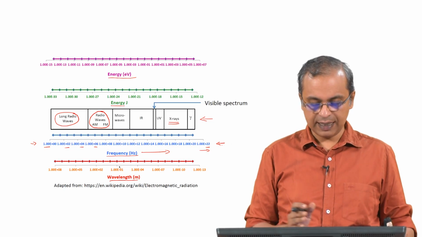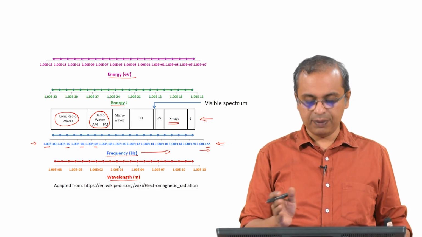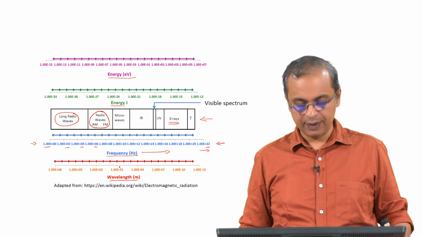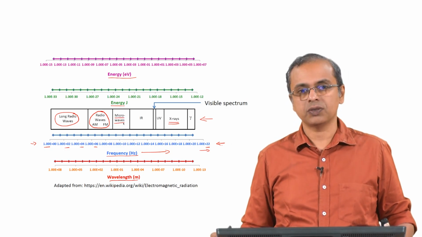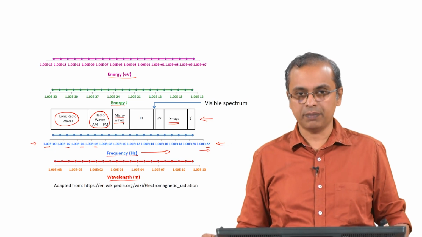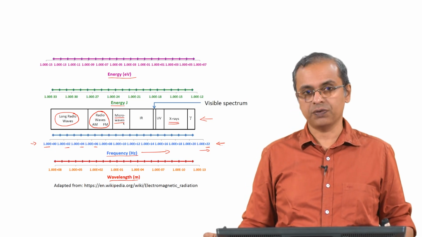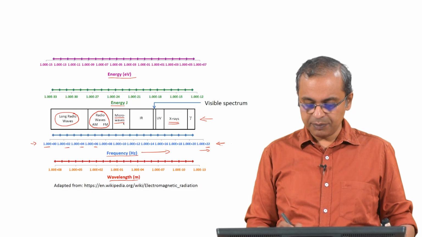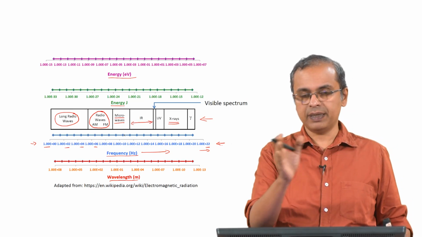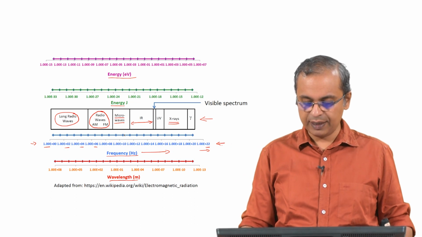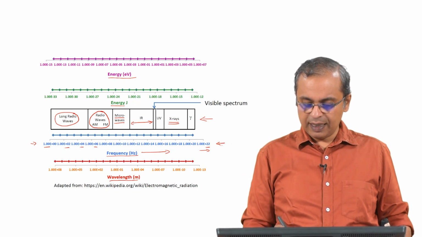The FM is at a slightly higher frequency. Then we have microwaves. So, this is what we are using in our microwave ovens. So, that is the frequency range of it. Then comes infrared. So, the range of frequencies that are referred to as infrared, and then a narrow band here.